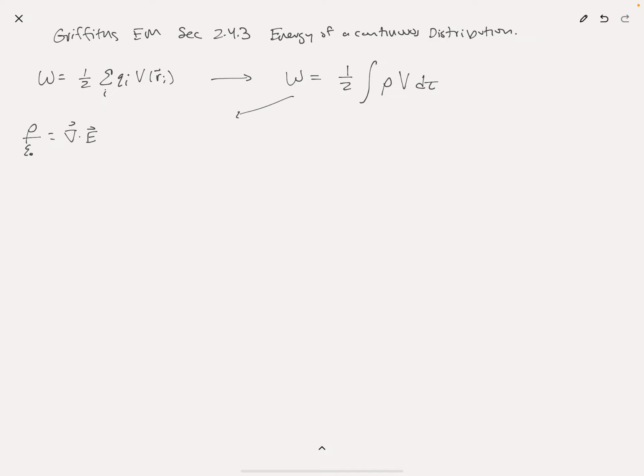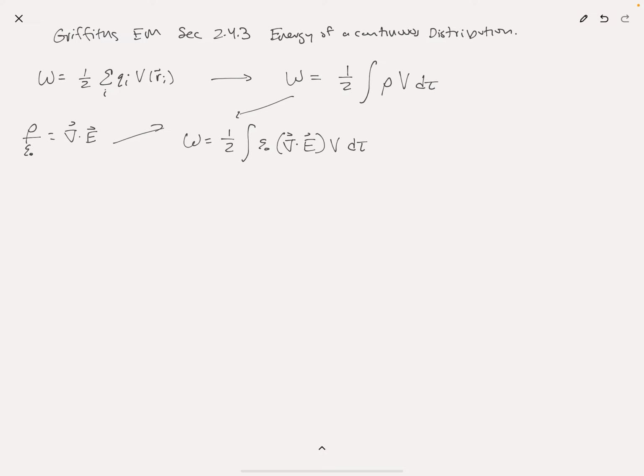Combining those two expressions, the energy is 1/2 epsilon naught times the integral of del dot E times V d tau.